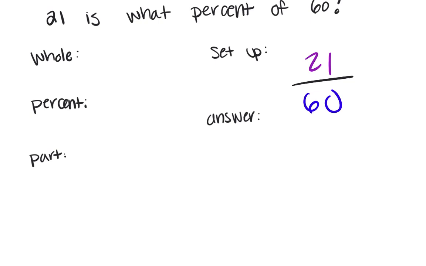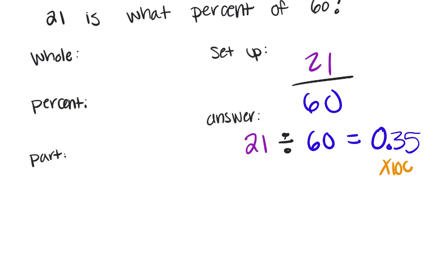So to change a fraction to a decimal, I'm going to take the numerator, 21, divide by the denominator of 60, so 21 divided by 60, I'm just typing it into my calculator right now. Okay, that is 0.35. And then, so that's the decimal form. To change a decimal to a percent, I'm going to multiply by 100. And when I type that into my calculator, I get 35%.